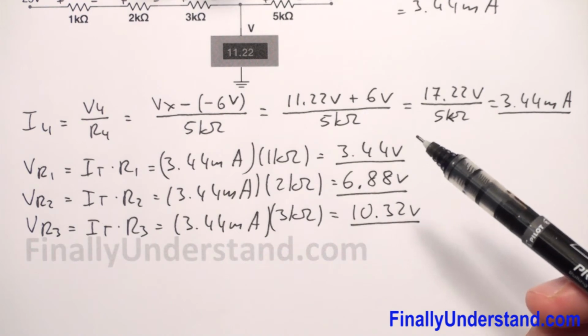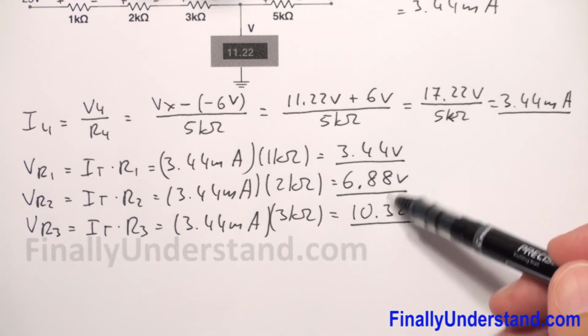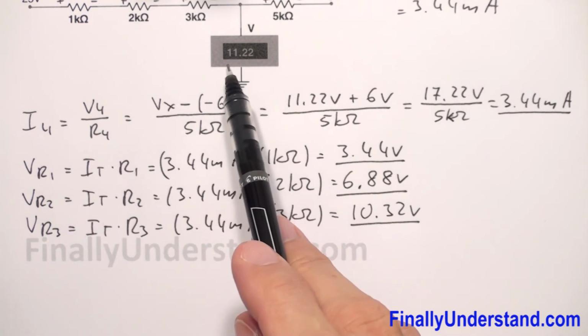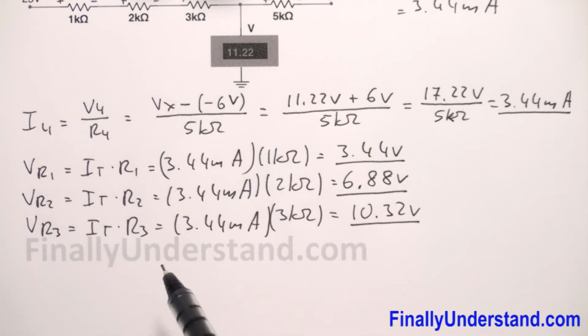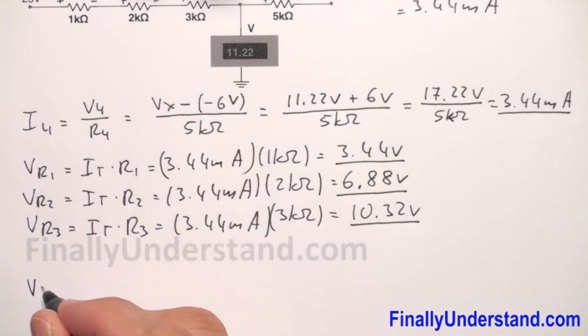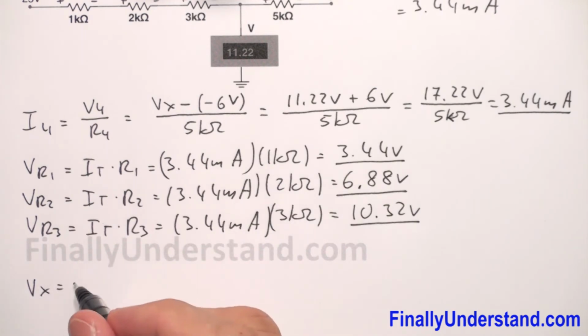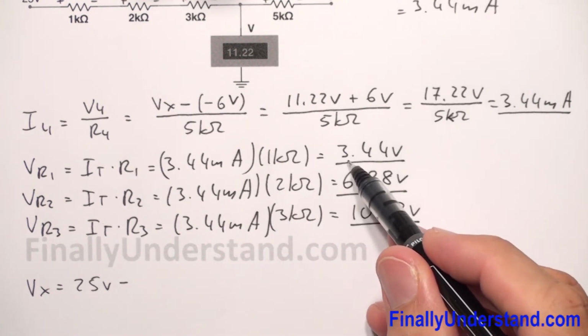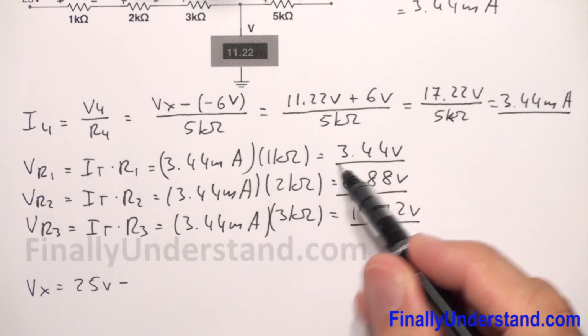which voltages, subtracted from 25 volts, will give me 11.22. So I'm going to write that Vx is equal to 25 volts minus, let's say, try with the voltage VR1.